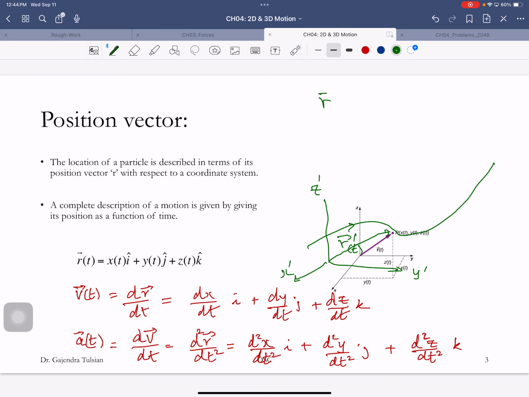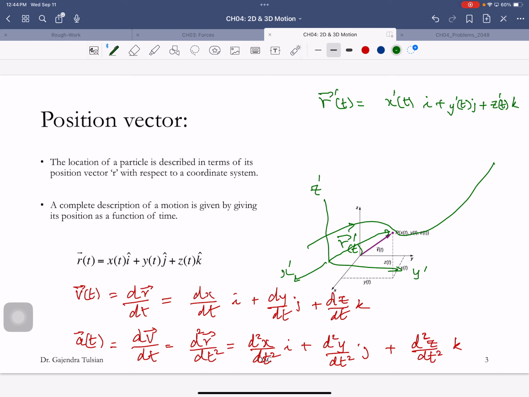So your position is with reference to a coordinate system. The same motion described in different languages will give you different functions, but it's describing the same motion.